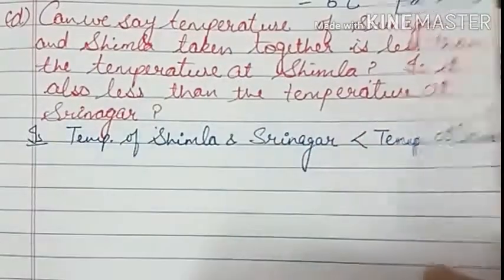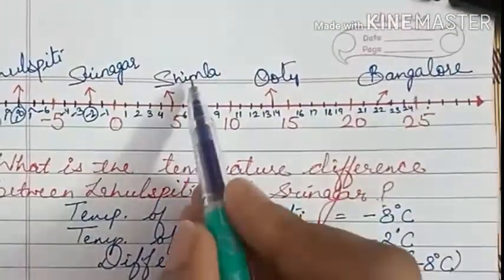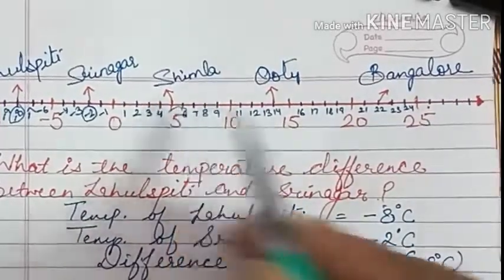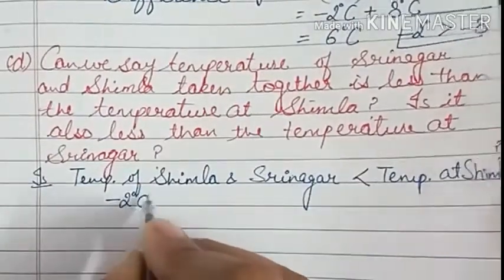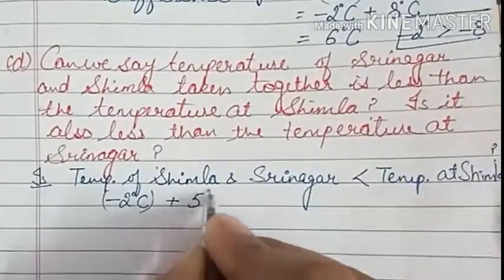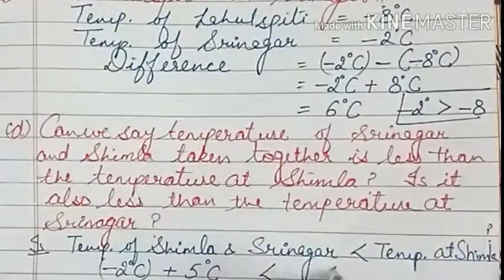Let's write. So what is the temperature of Shimla? Shimla's temperature is 5 degree Celsius and Srinagar's temperature is minus 2 degree Celsius. So let's add minus 2 degree Celsius and 5 degree Celsius. And what is temperature at Shimla? It is 5 degree Celsius.